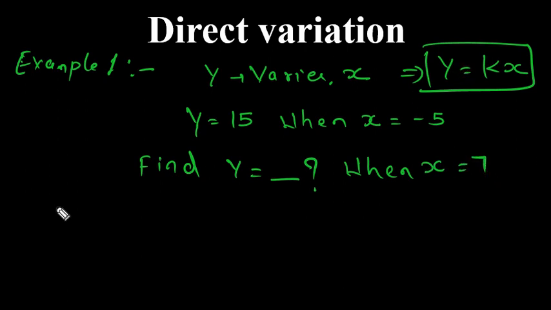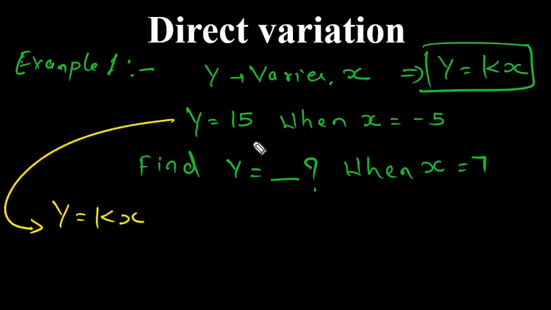This is your equation, y equals kx. From the first information, y equals 15, k I don't know, x equals -5. You solve this, dividing by -5 on both sides, and you will get k equals -3, right?